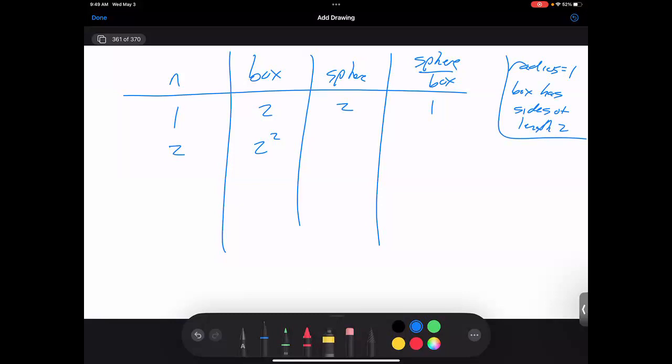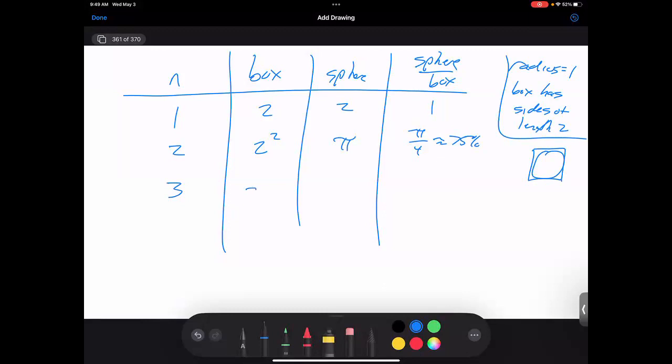So what would be the area of the sphere that lives inside the box? It would just be pi. So the ratio would be pi over 4. It's about 75%.